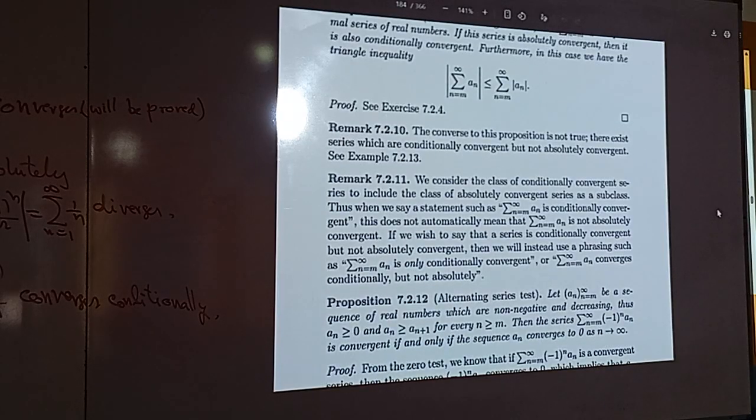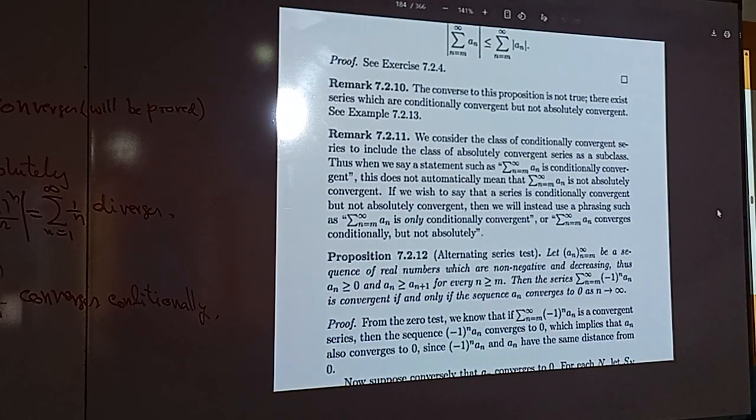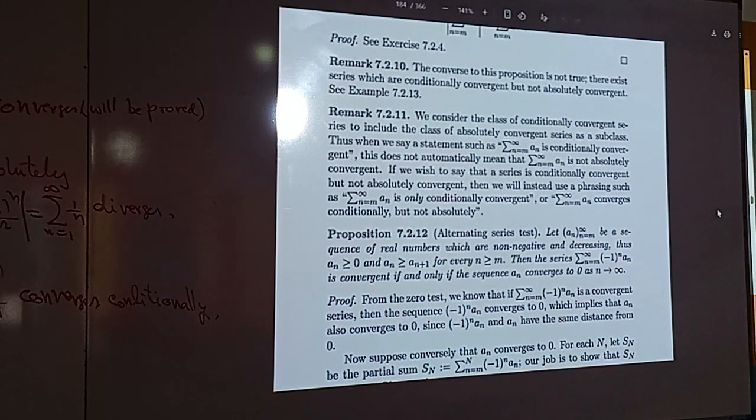Alternating series test. Let a_n be a sequence of real numbers which are non-negative and decreasing, that is a_n is greater than or equal to 0 and a_n is greater than or equal to a_(n+1). Then the series sum of (-1)^n a_n is convergent if and only if the sequence a_n converges to 0 as n tends to infinity.